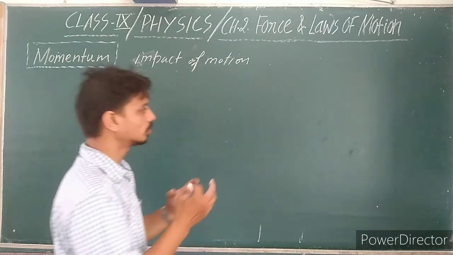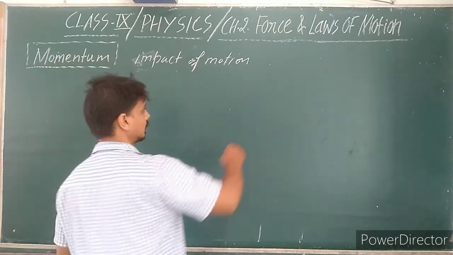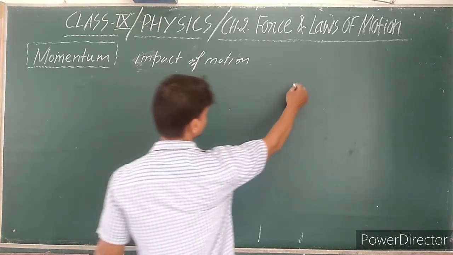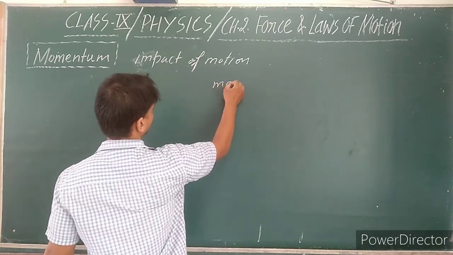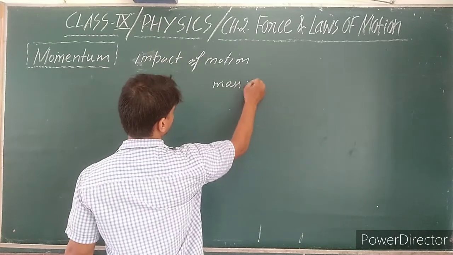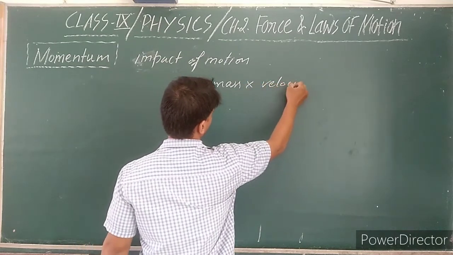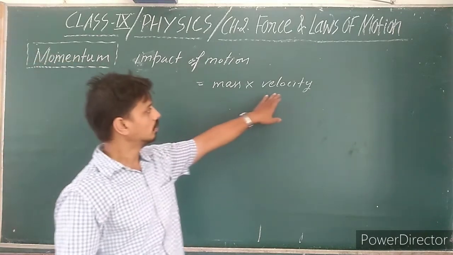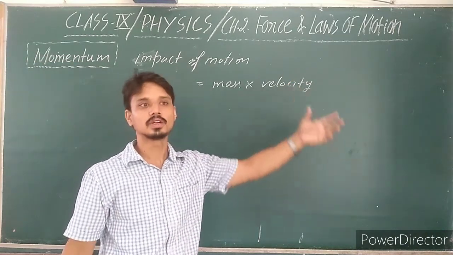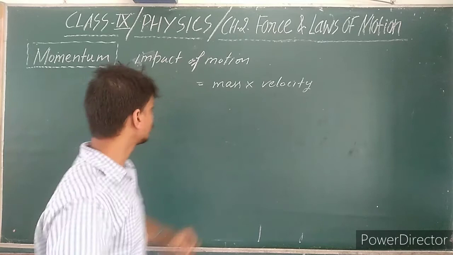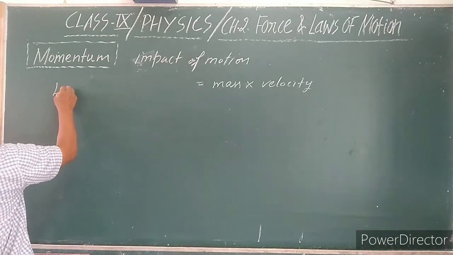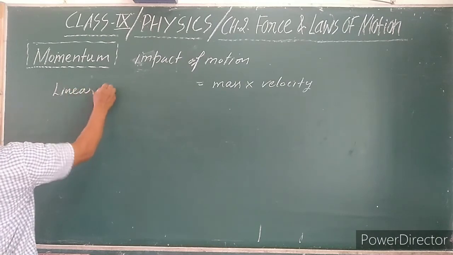When we take both the quantities combined, mass and velocity, we can write the mass and velocity. So the combination of mass and velocity creates a new physical quantity, and that quantity we call the linear momentum.